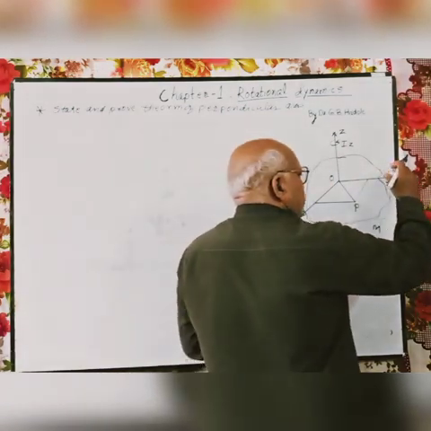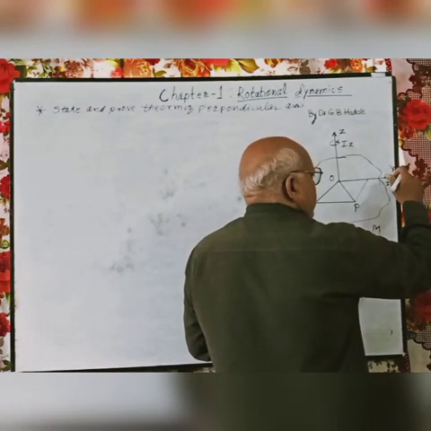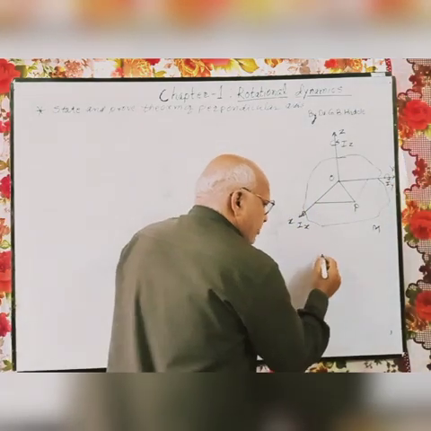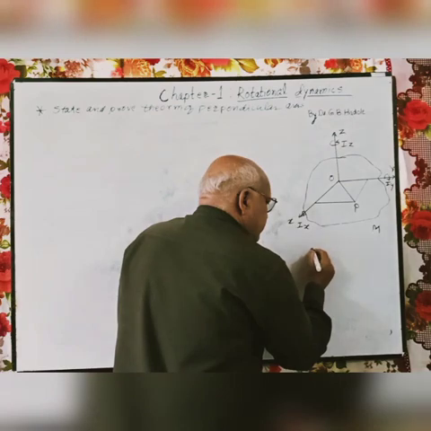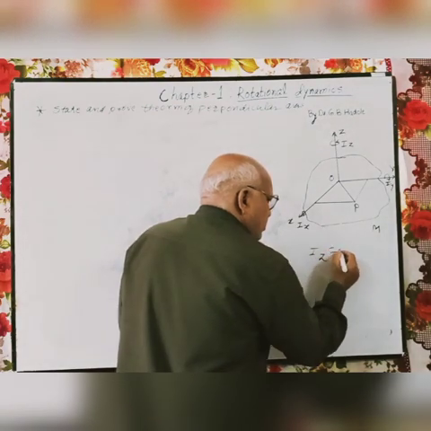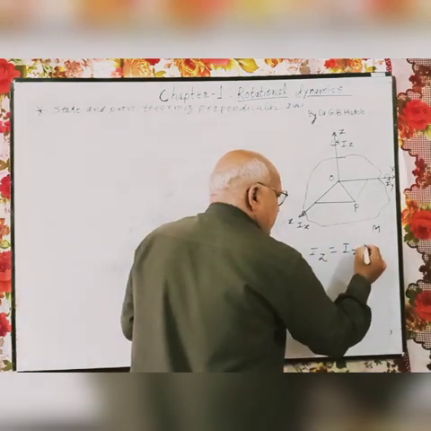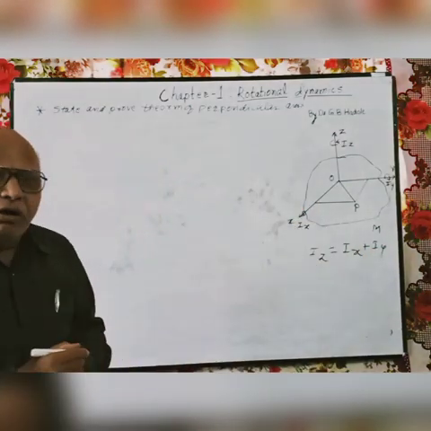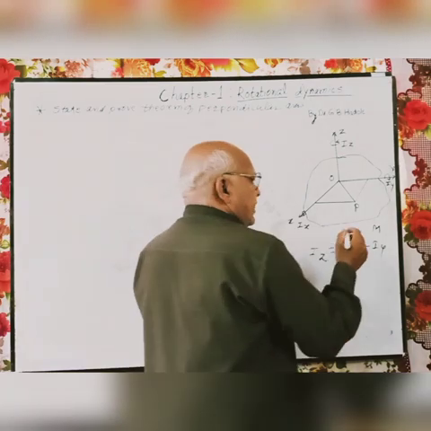If we rotate about the y-axis, it will be the moment of inertia about the y-axis. So we write Iz equal to Ix plus Iy. This is the mathematical statement of the theorem of perpendicular axis.